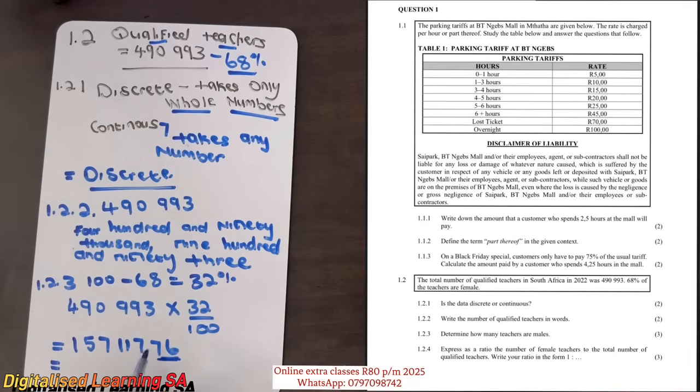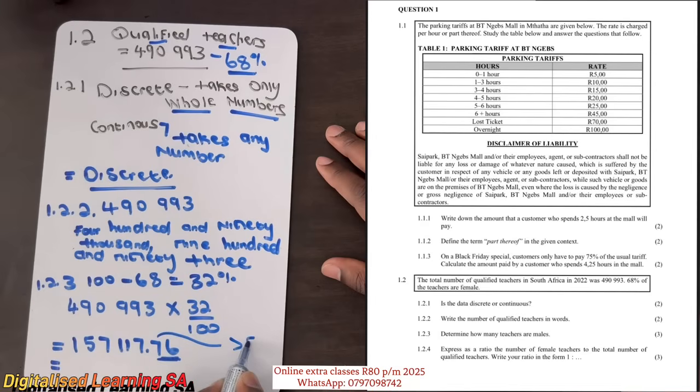Okay, so to do that, we will round it off. And when we round it off, we can see that this 7 here is greater than 5, meaning that it will force this 7, which is on the other side after the comma, to increase by 1. But if it was below 5, it was going to stay the same. So it was going to stay at 7.